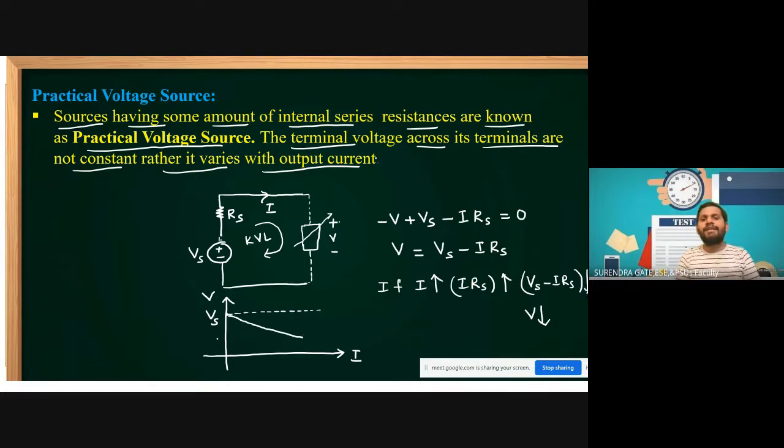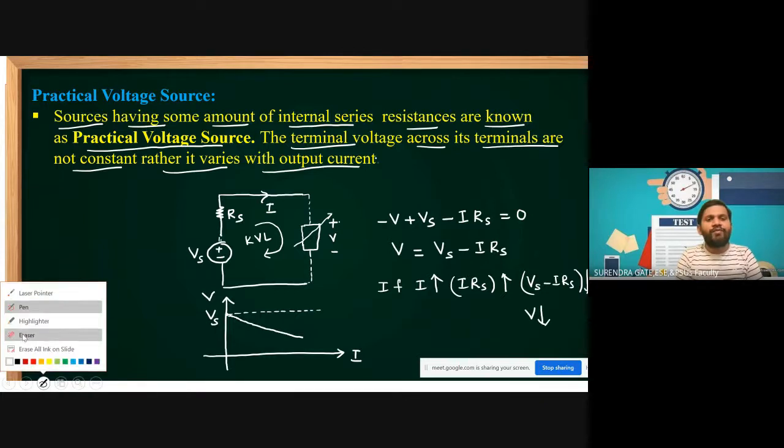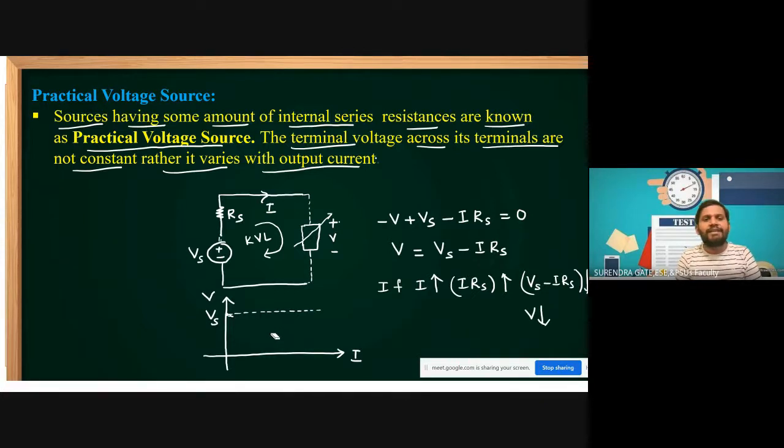This is the ideal voltage source characteristic, and this is the practical voltage source.